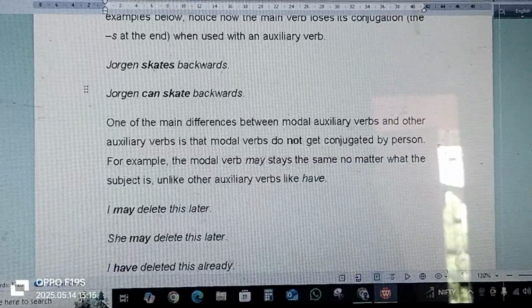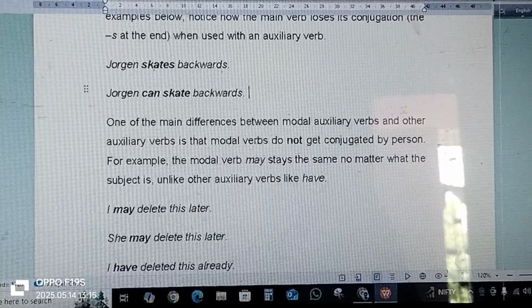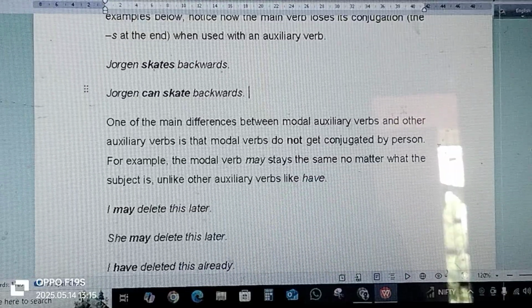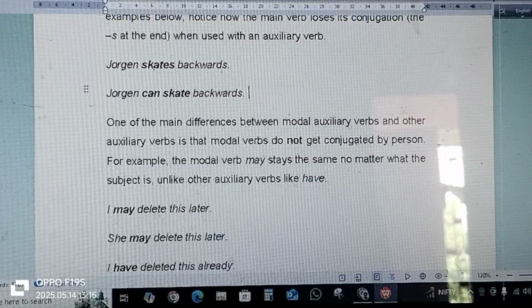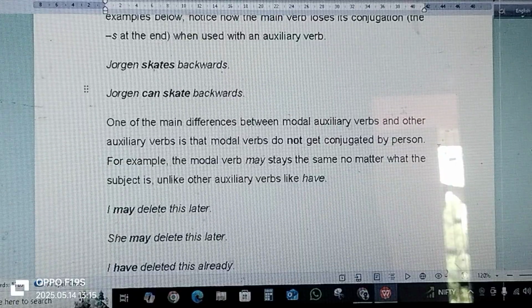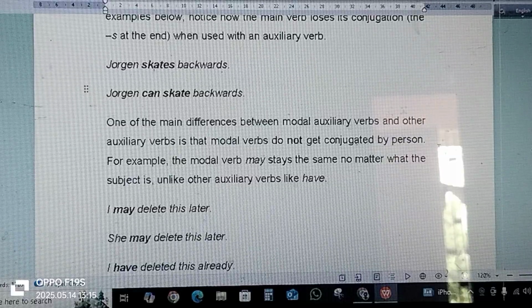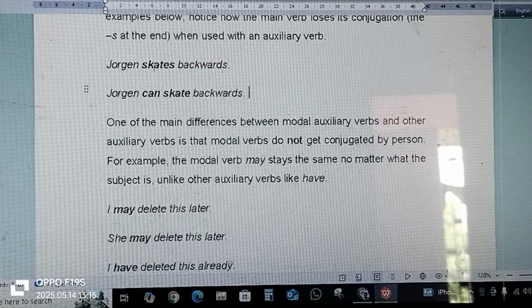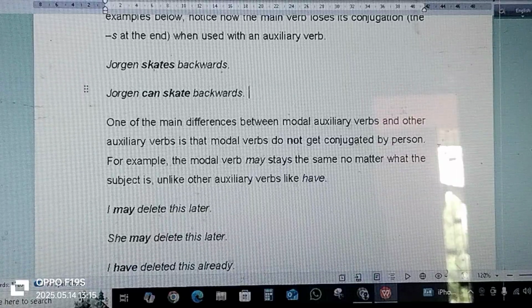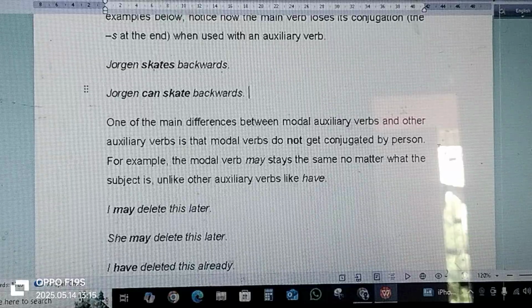For example, the modal verb may stays the same no matter what the subject is, unlike other auxiliary verbs like have. I may delete this letter. She may delete this too. In the third person singular, she, the modal auxiliary is used just like in the first sentence: may, not mays.